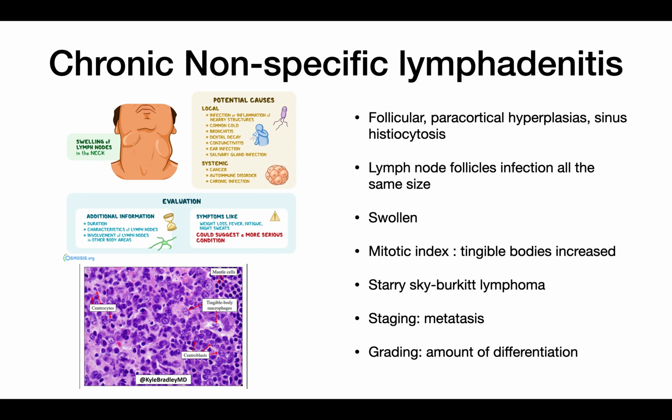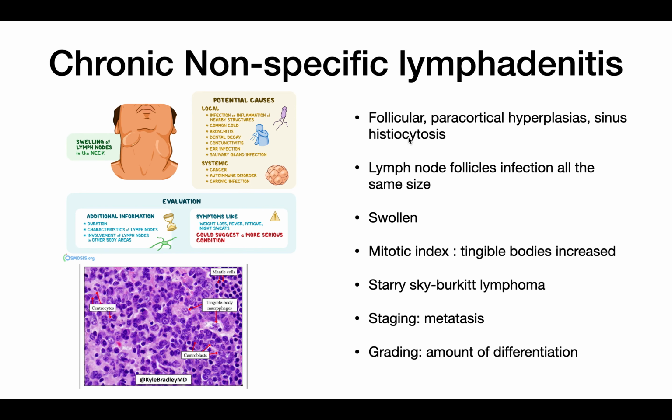Okay, so chronic nonspecific lymphadenitis is just the swelling of the lymph nodes, and it can be all sorts of things. Usually there is follicular or paracortical hyperplasia and sinus histiocytosis.